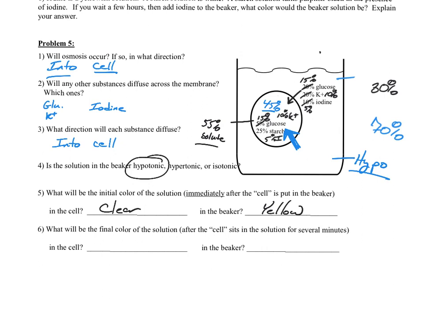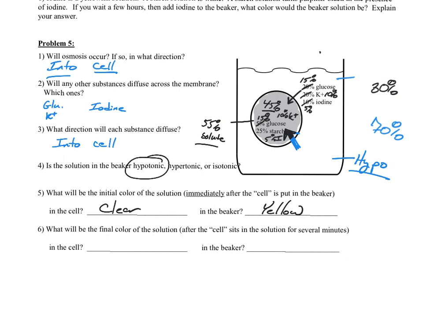All right, thank you. So the cell, after the diffusion, what color is the inside of the cell? Bluish black. Why is it bluish black? Because starch is mixing with iodine. As soon as starch meets up with iodine, it turns bluish black. That's why iodine is an indicator of what?